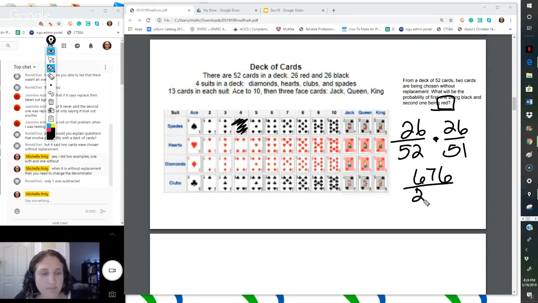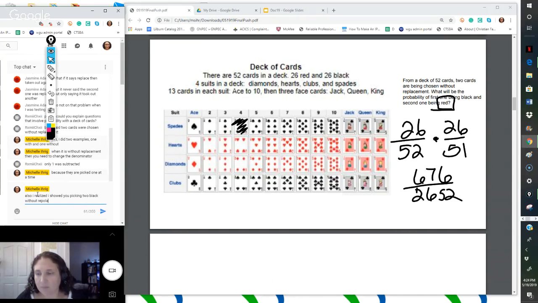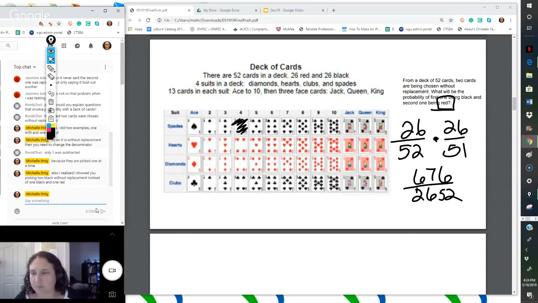The answer is 2,652. So when you pick one card and hold it, that is why you only subtract 1.